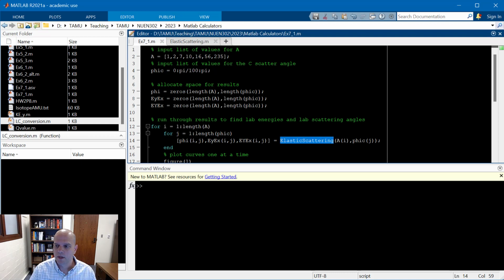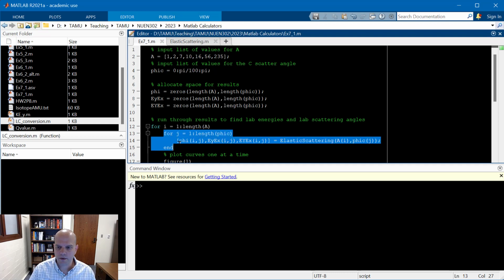And you notice I'm stepping through in i, and I'm stepping through in j. So i is in reference to a, so that's going to step 1 through 7, and then j is going to go from 1 to, in this case, 101, because I've got a vector that's 101 elements long. And I just output and start building these matrices.